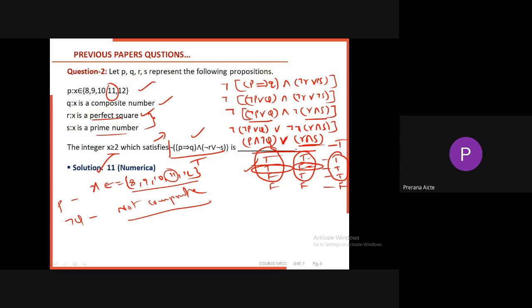After simplifying up to P and negation Q, or R and S, you apply the propositions we have and you can identify the number which will satisfy this particular property. Like that we can do this one. Regarding this, this is the second one that you can consider here.